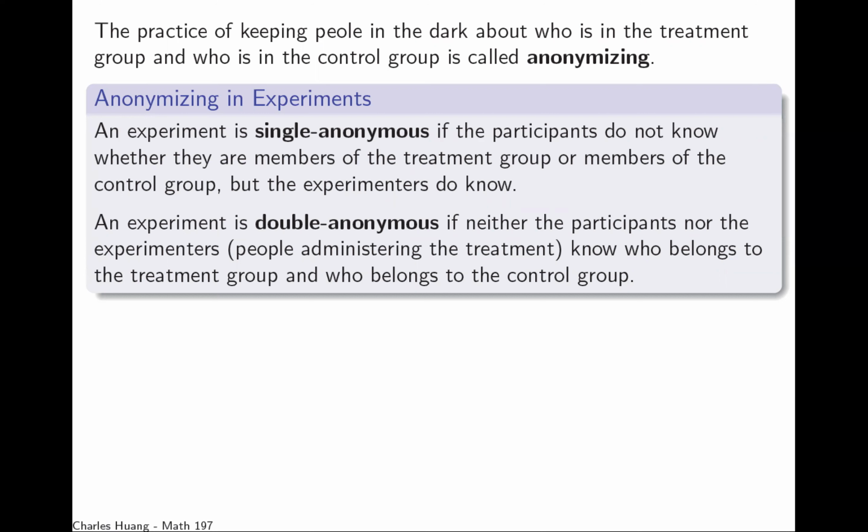Sometimes the experiment needs to be double anonymous. Let's say a drug company is trying to make a new COVID vaccine. Making a new COVID vaccine could be very profitable, so it is very important for the drug company to be successful in developing a good COVID vaccine.